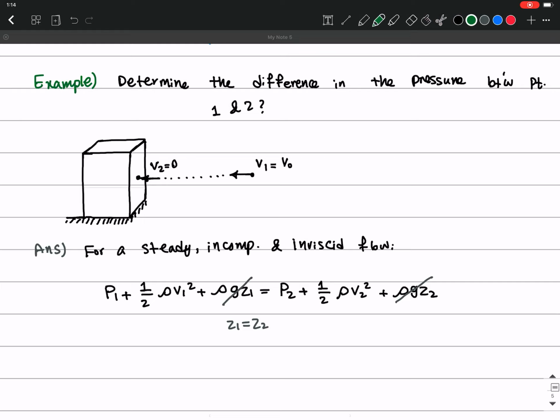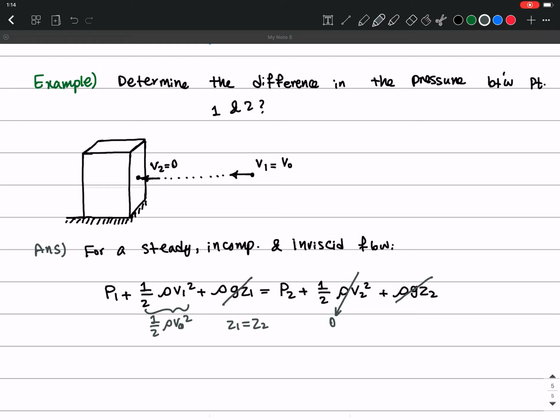Also here we know that V2 equals 0, so I can just write this as 0. And instead of V1, I can write it as V naught square, so this is going to be 1/2 rho V naught square.